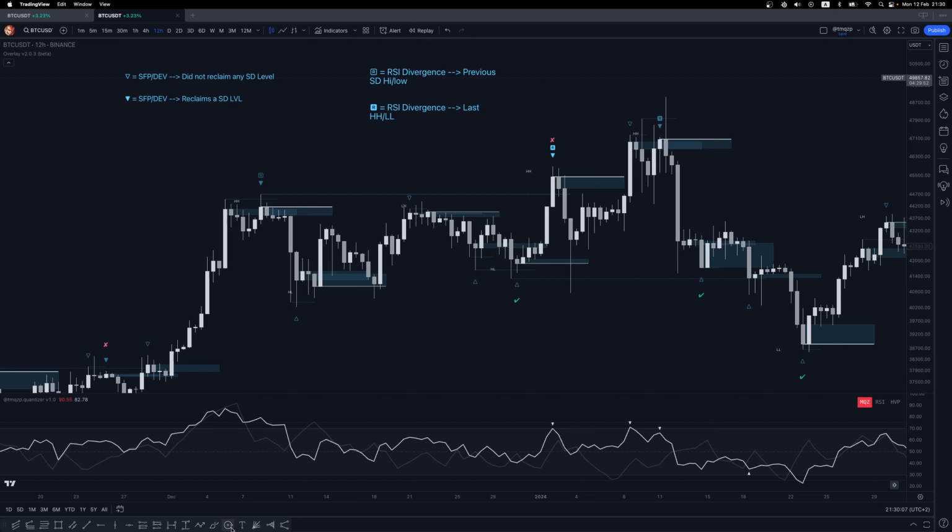And as you can see, it is between this SD high and this SD high. That's why it's hollow. Remember, it's tracking divergence between previous SD blocks, right?